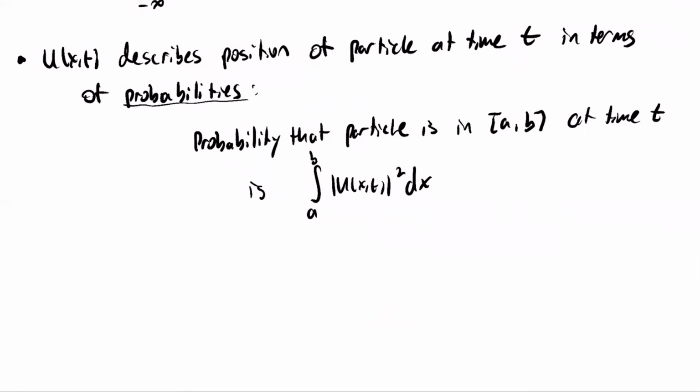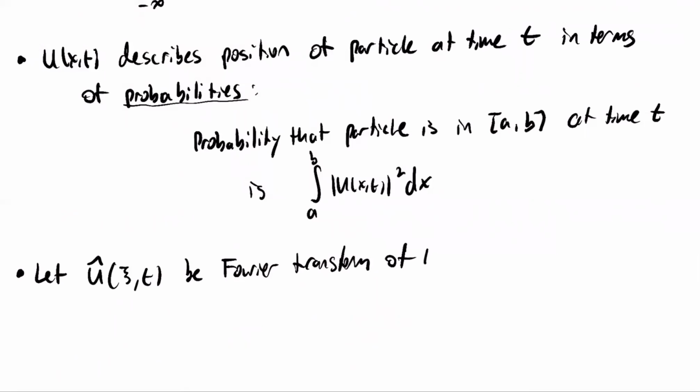It turns out that if you take the Fourier transform, let me introduce some notation. I'm going to let u hat of ξ,t be the Fourier transform of u of x,t as a function of x at time t.